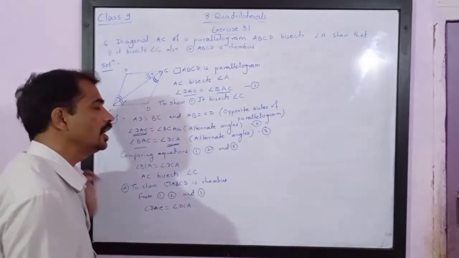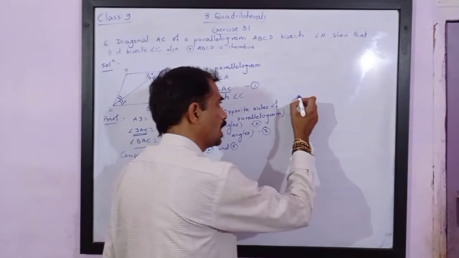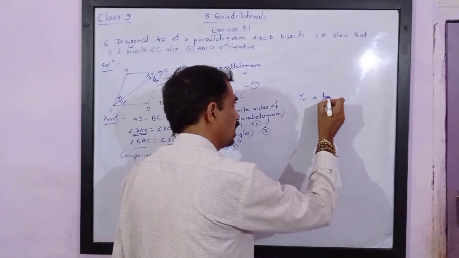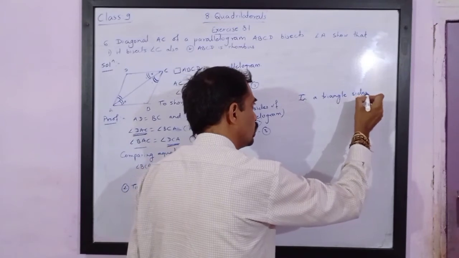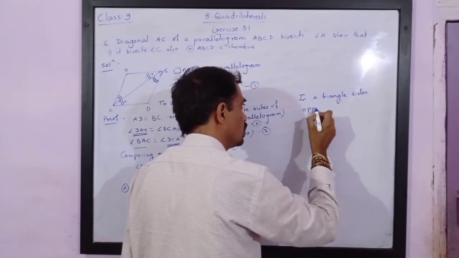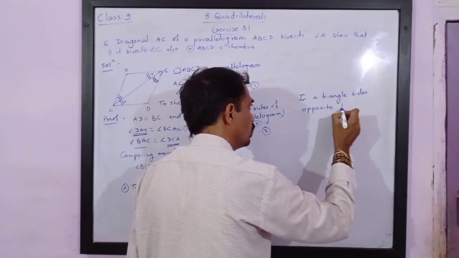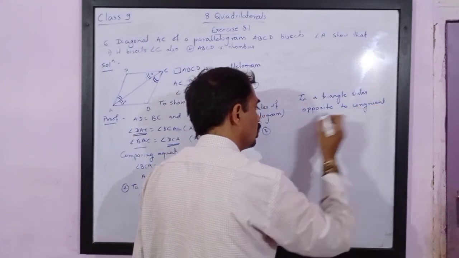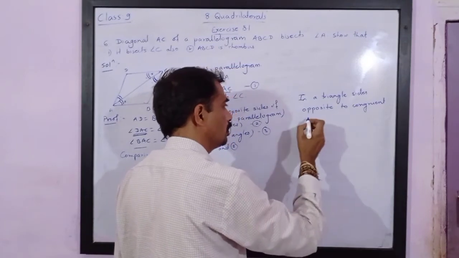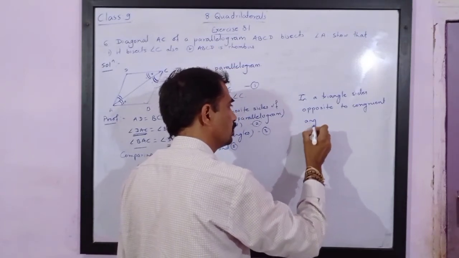So we have already studied theorem in a triangle. In a triangle, sides opposite to congruent angles are congruent.